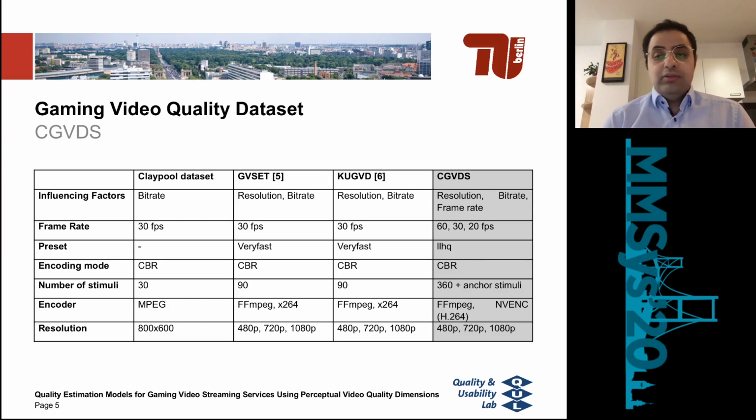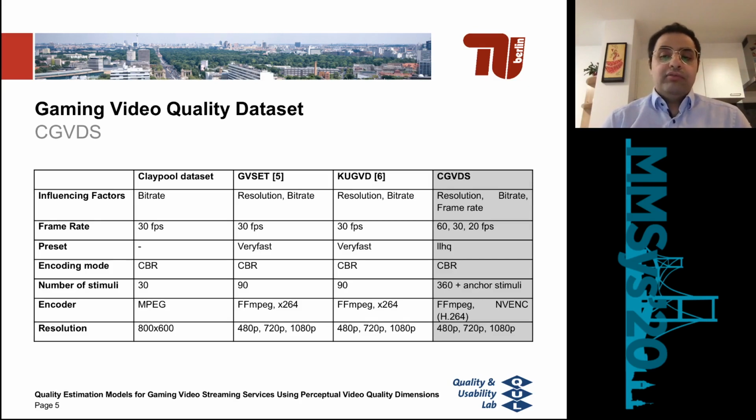So we decided to make a new gaming video quality dataset, in which we use different resolutions, multiple bitrates, and different frame rates, using the LLHQ, or low latency high quality, preset with the NVIDIA encoder or accelerator engine and the H.264 compression standard. We built a really huge dataset, conducting 4 different subjective tests and using anchor conditions to come up with this dataset.